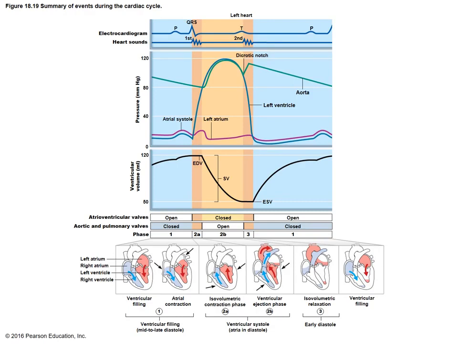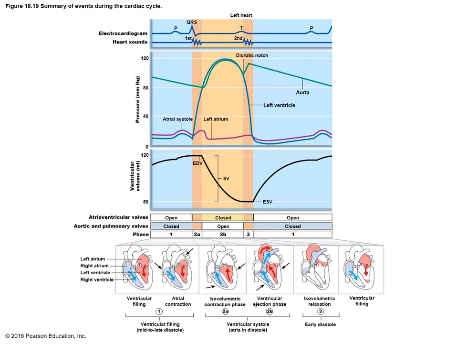This figure, I know it looks really busy, but it's actually a very good figure in that on the very top section you have the EKG. It's showing you the P, the Q, R, S, the T, and then starting over again on the end. You can relate that with the sounds if you're listening on a stethoscope. The first sound, the second sound, that lub-dub.